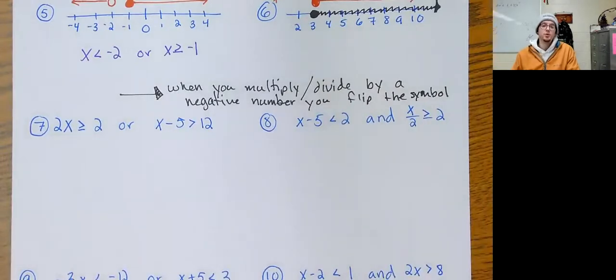All right, that is very important. When you multiply or divide by a negative number, you flip the symbol. That's the only difference. Besides that, you still do all your inverse operations, and that's what we're going to do.